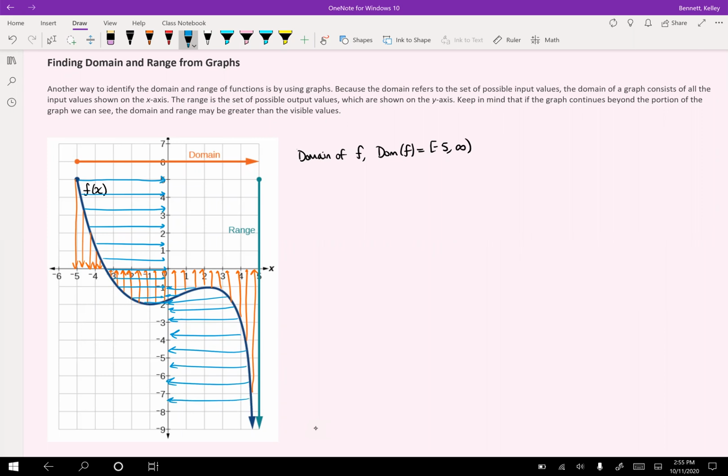This is going on and on forever on the right. So for the range of f, which is all the possible y values, we can write that it starts at 5 and then goes all the way down to negative infinity. So I would write that as negative infinity, comma, 5. And since we're including that endpoint 5, I'm going to give it the square bracket.